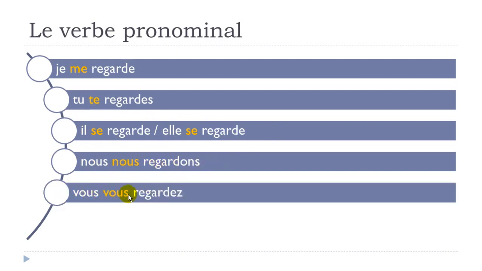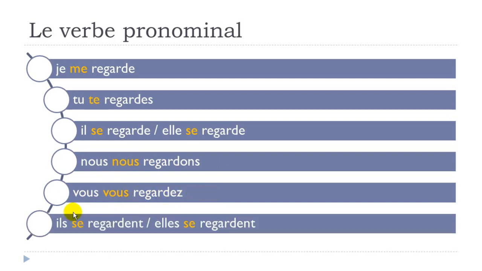Vous vous regardez. Ils se regardent. Elles se regardent. So now you can see that you've got to add these me, te, se, nous, vous, se before the verb when you conjugate it.